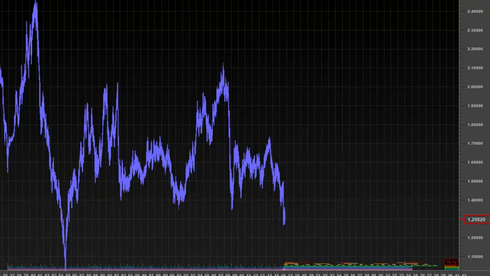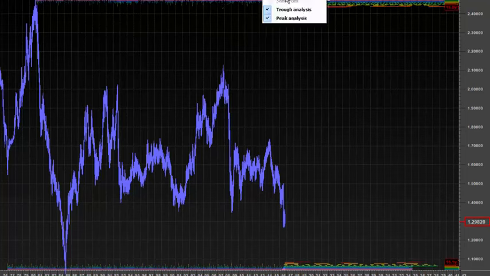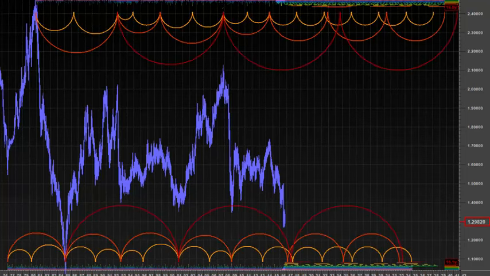Hope that makes sense. So let's quickly have a look at our peaks over here in terms of the British pound to US dollar, and then I will turn on the semicircles so that we can see what's happening with the analysis of the peaks.